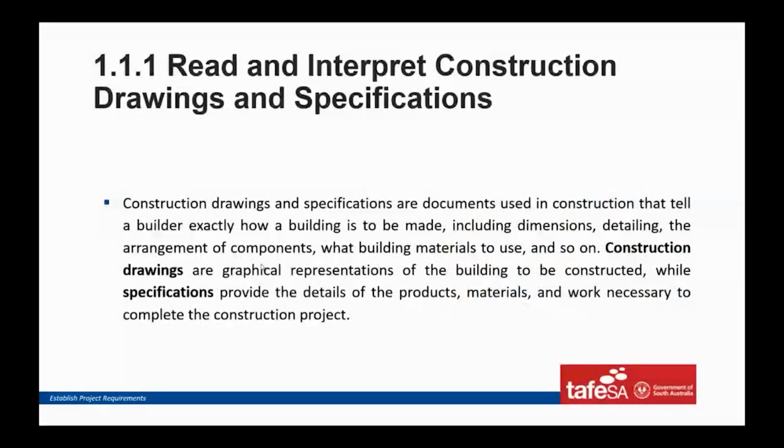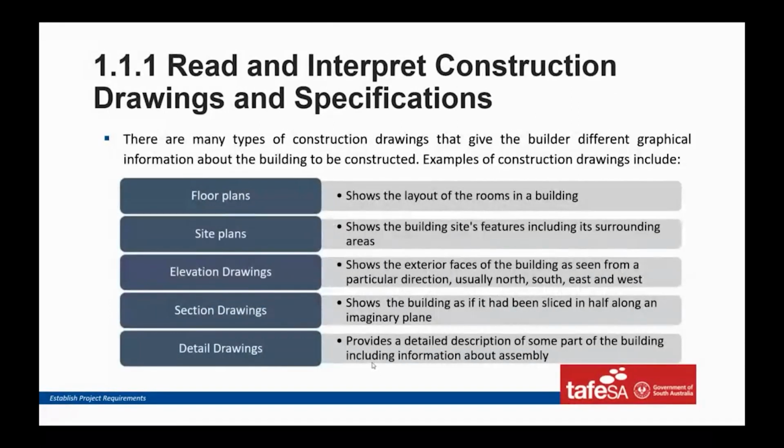Construction drawings are a graphical representation of the building to be constructed, while the specifications provide the details of the product, materials, and thereby the work necessary to complete the construction process. It's not banging up a couple of nails on the wall and going, that's it. You have to actually follow that through. So it's really quite critical.